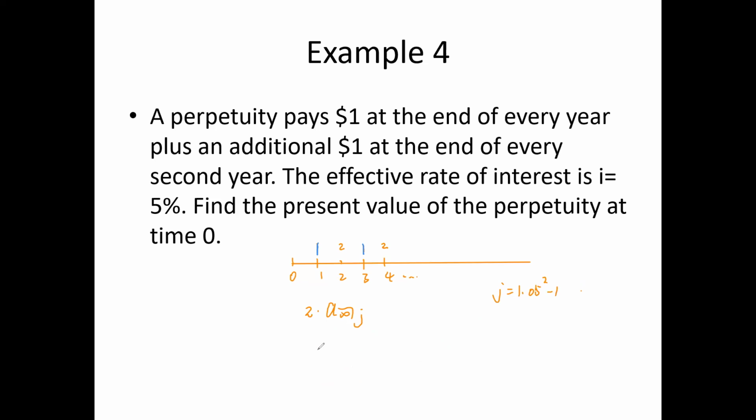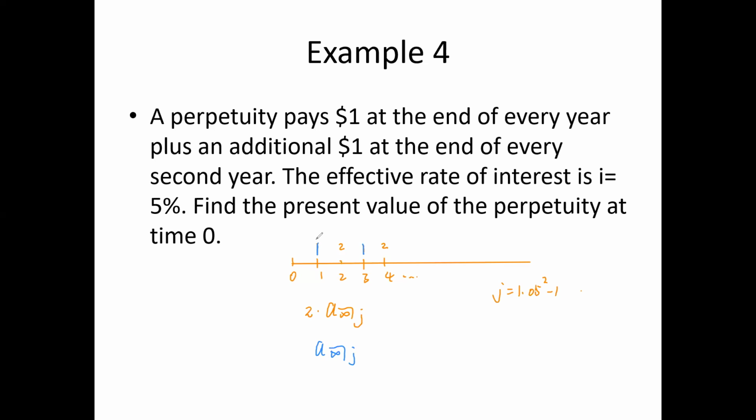And then the other one is for $1, but you also have a 2-year jump. So it is 1 times a sub infinity angle j.